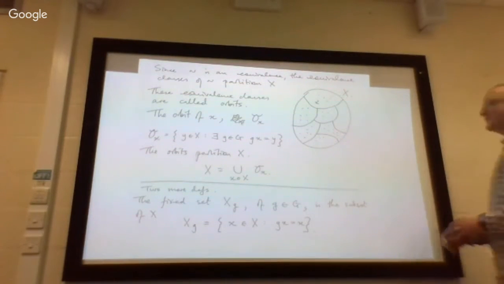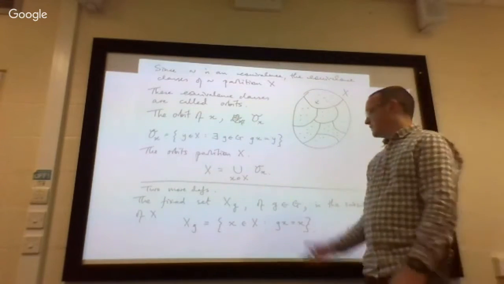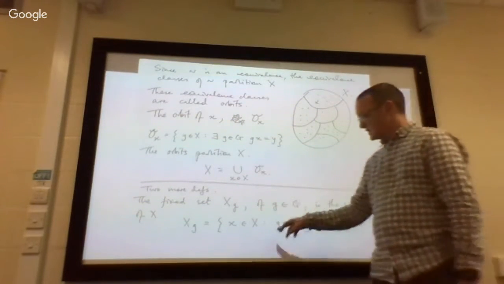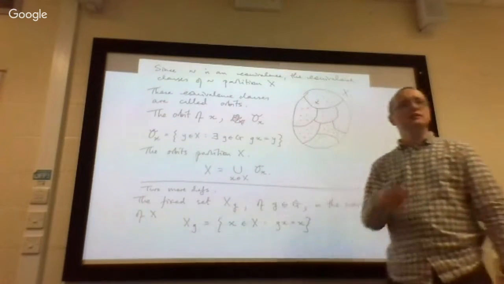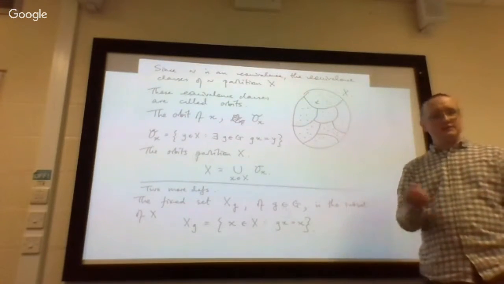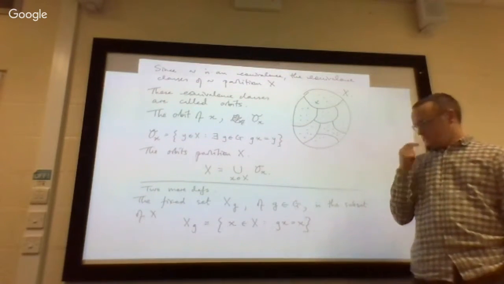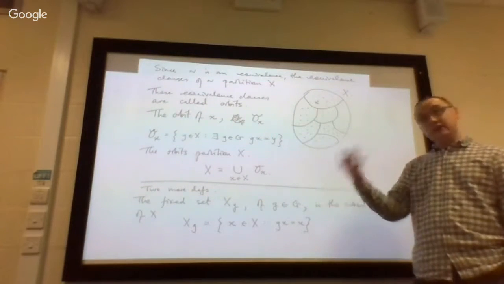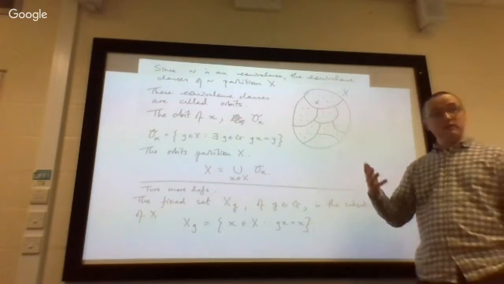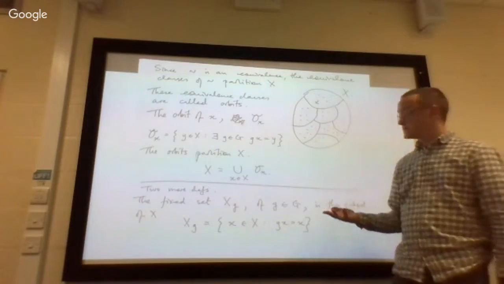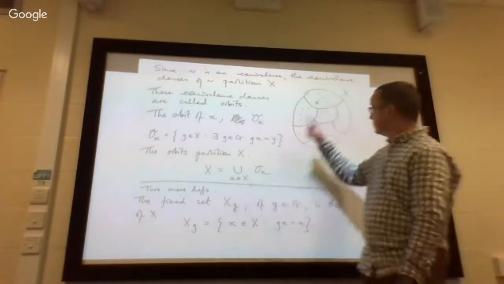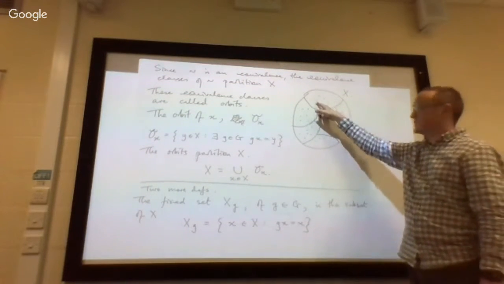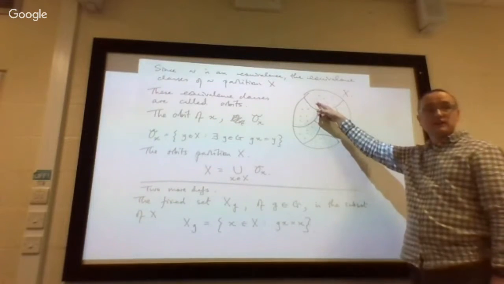So remember, the action of the group G on X means that when you take any particular little g, you've got a function of the set X to itself. In general, you think of that moving the elements of X around, but there may be cases where when you apply g to one of these elements, it just stays at x. g of x equals x.